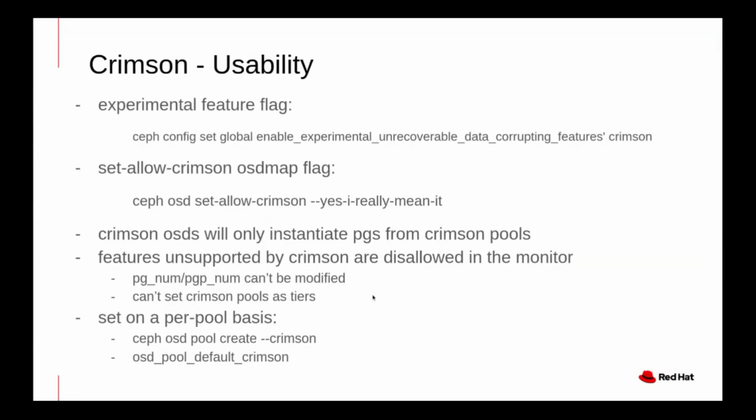The intention ultimately will be to allow mixed clusters between Crimson and Classic, especially during the transitional period when Crimson doesn't support everything. So that you might be able to create a Crimson pool specifically for RBD and another pool for an erasure-coded RGW pool, that kind of thing.